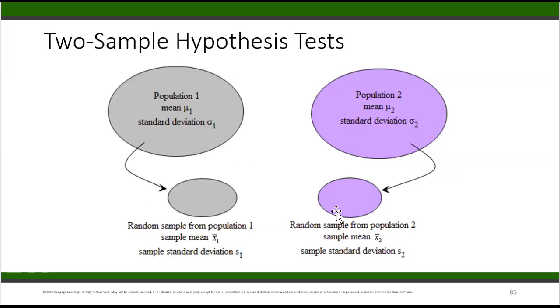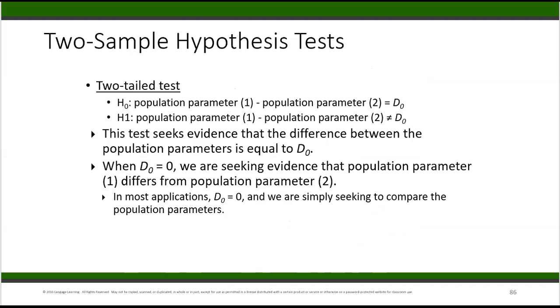The way it works, we're going to take two random samples, one from each population, and then we take a sample statistic for each one of them. Using these sample statistics, we're going to find the test statistic. Using the test statistic, we can find the p-value and then make the conclusion, right?